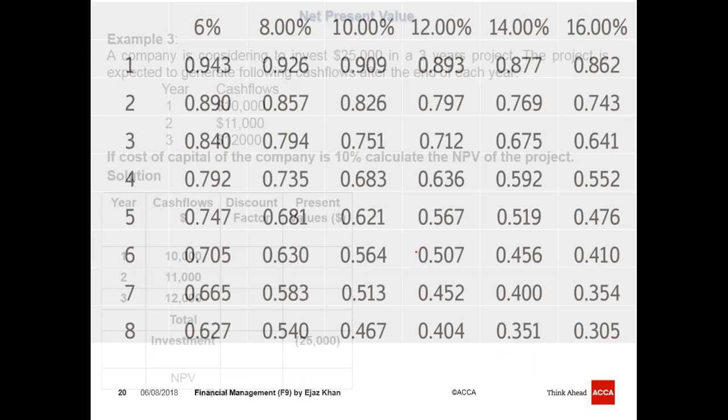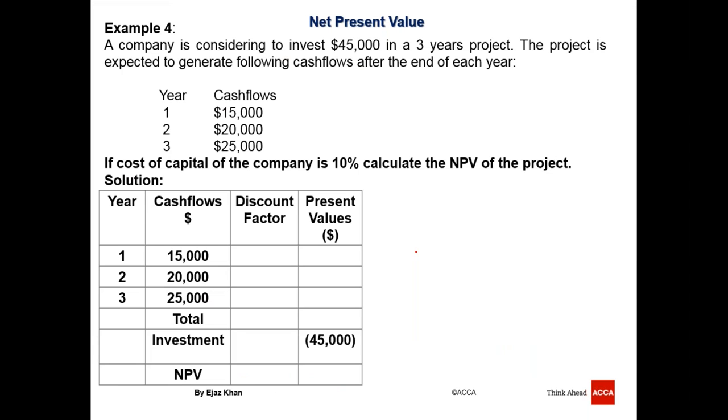So let's move forward and solve another question. And this time you need to solve this question using discount factors. Remember, the discount factor column should be for 10%, and it should be for year 1, year 2, and year 3.